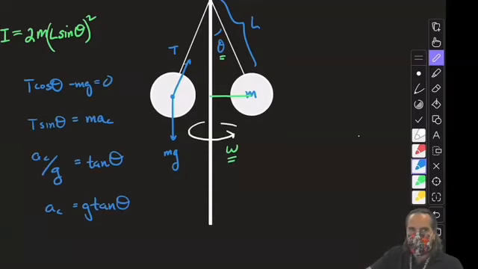You guys with me? We've done this problem before. Net force in the Y, net force in the X. I won't be able to make my point if we don't hurry.